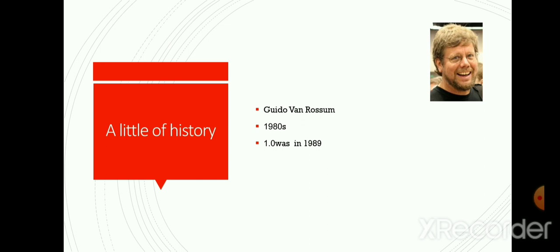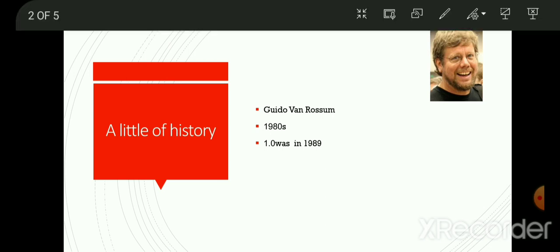He began his work on this language in the 1980s, and the first version of Python was released in 1989. So it is a very old language. It is a very stable language and a very important one, especially because of its long history.